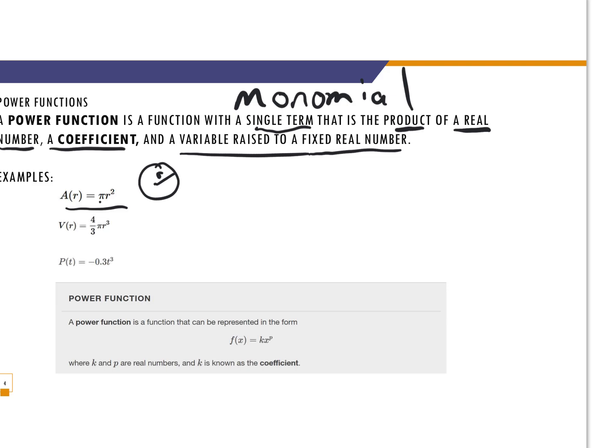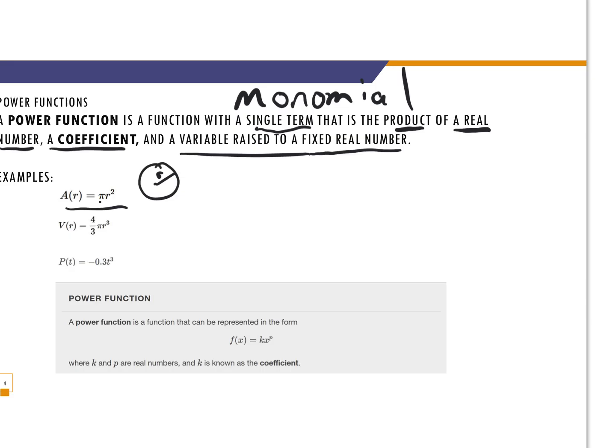It stands for 3.14159, and it keeps on going forever and ever. But we round it a lot of times to 3.14. And when we were in 6th grade, we rounded it to 3, which really is not accurate, but we did it. And we take the radius and we square it. So the variable is the radius. Pi is a real number times the radius to the second power.